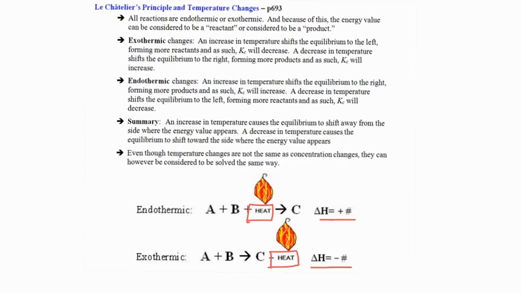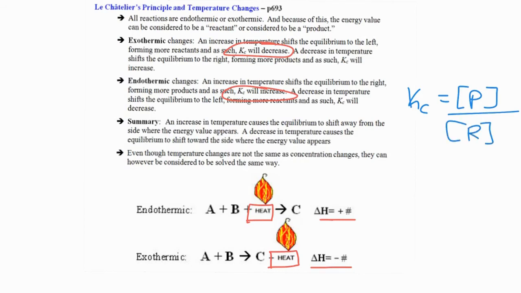If we treat it as a product or a reactant, then we can really treat it as the same as concentration changes. The only thing that we need to keep in mind, though, is that Kc will change for changing temperatures. In our previous examples, the reason why the concentration changes as a result of stressing the system is because Kc is constant. So Kc does not change for those first examples. However, when we change temperature, Kc will either go up or it will go down.